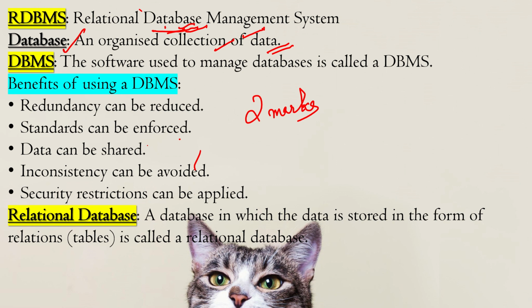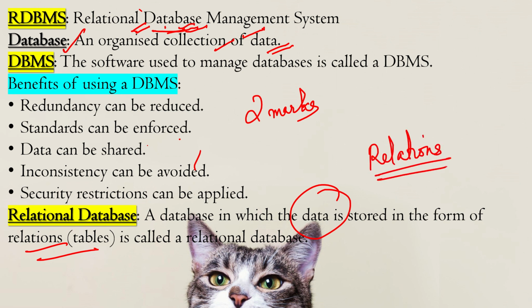So we saw what DBMS is, Database Management System. Now when it comes to relational database, what change will it make when we add the word relational along with DBMS? A relational database is a database in which the data is stored in the form of relations. Whenever we come across the word relations, it is not the relations and functions in your class 12 maths, alright.